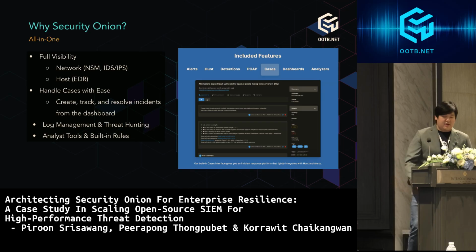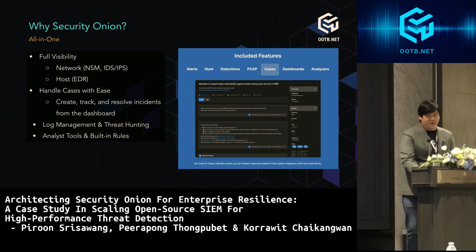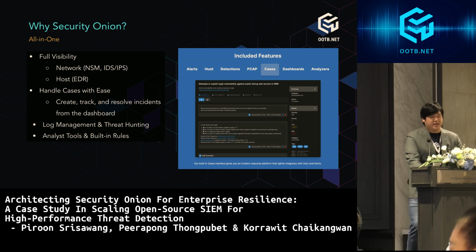The first thing about Security Onion is that it's truly all-in-one. It gives us full visibility across both the network and the host environment. On the network side, it includes NSM and IDS/IPS capability powered by Suricata and Zeek. And on the host side, it includes endpoint detection and response, giving us log and event data directly from the endpoint.